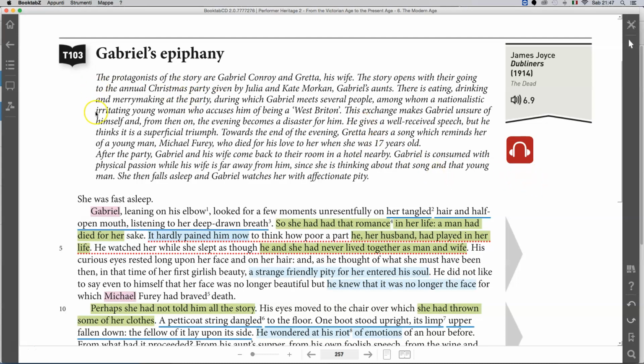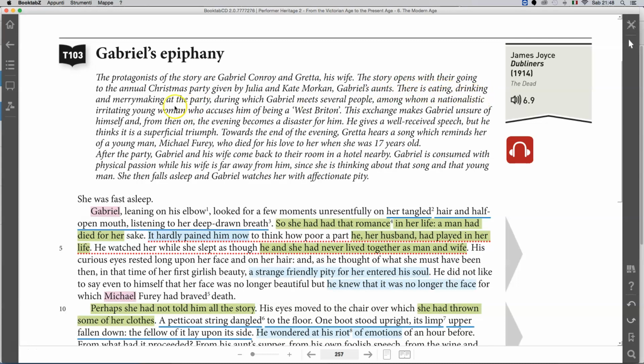And this is the story of Gabriel Conroy and Greta, his wife. The story opens with their going to the annual Christmas party given by Julia and Kate Morkan, who are Gabriel's aunts.